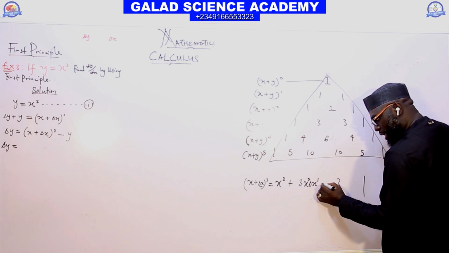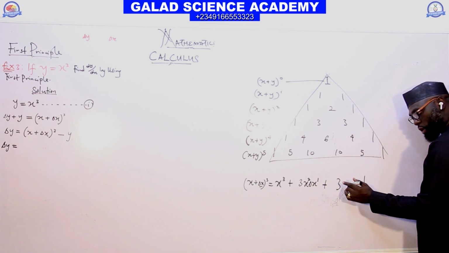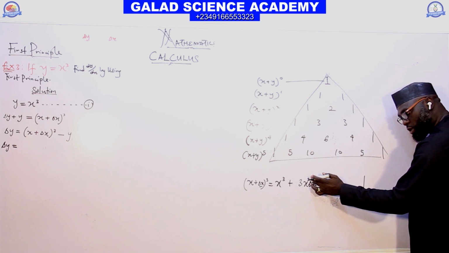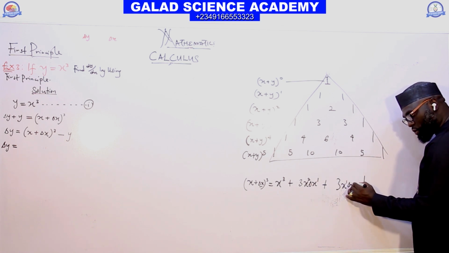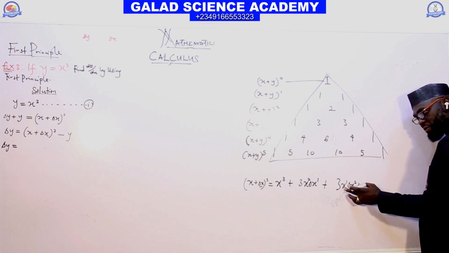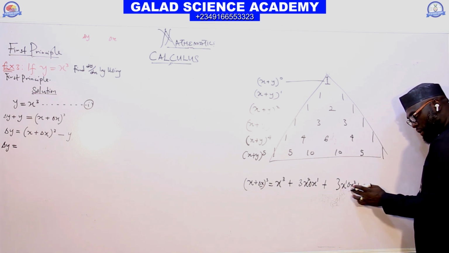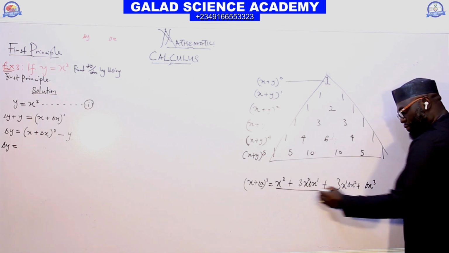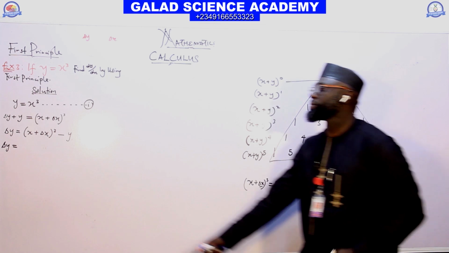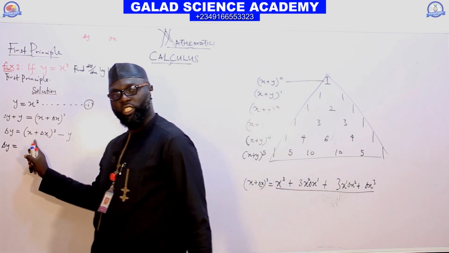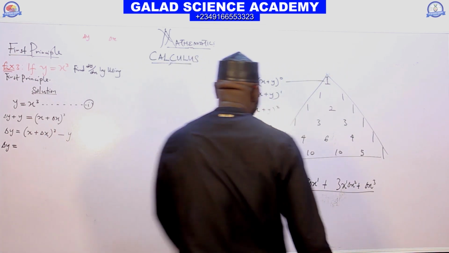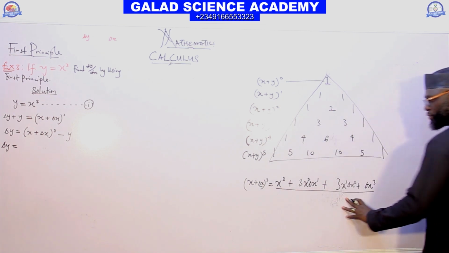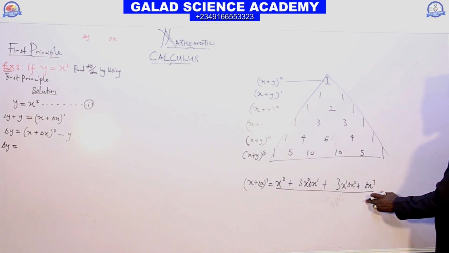We put 1 here. Plus this one will also reduce x to 1, and the change in x will increase to 2. Plus the power of x here reduces to 0, so the change in x increases to 3, change in x raised to the power 3. So if you expand x plus change in x exponential 3, it will give you this.